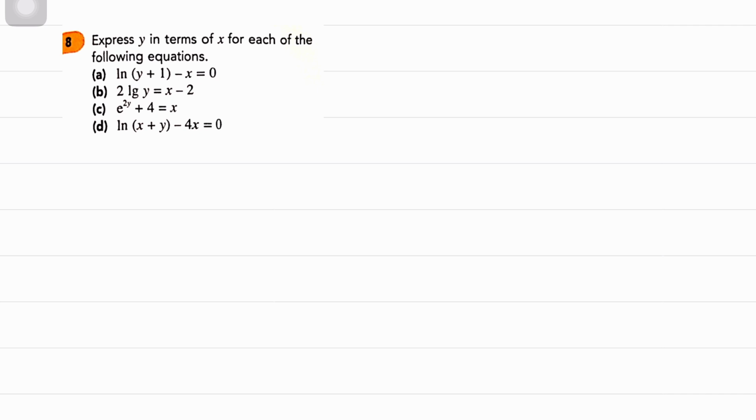So basically we have to convert the logarithmic expression to index form, and make it an expression y equals a function of x. So let's start with A. Natural log of y plus 1 minus x equals 0. We can write this as log base e of y plus 1 equals x.